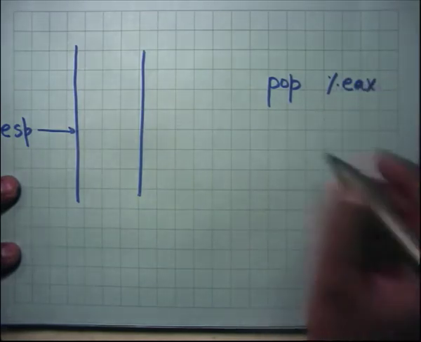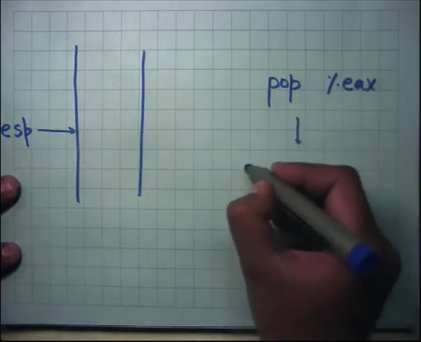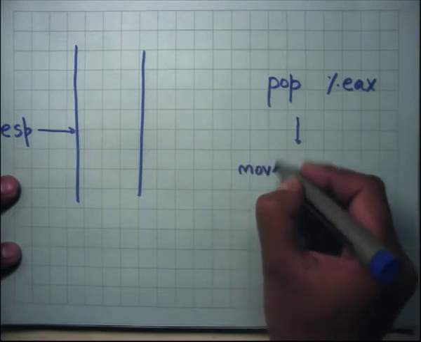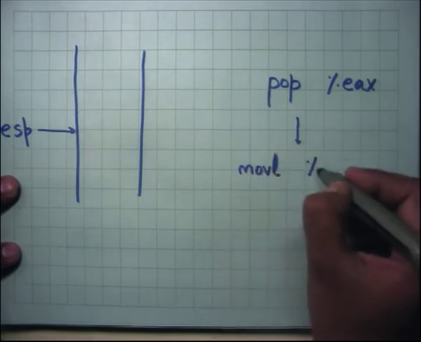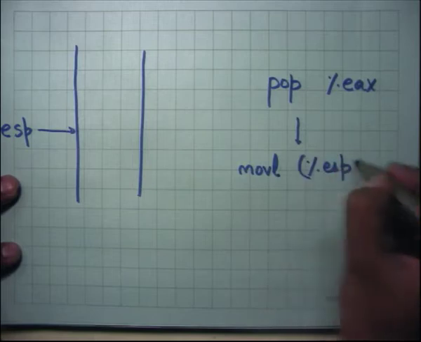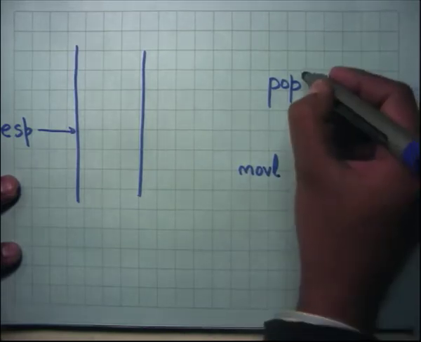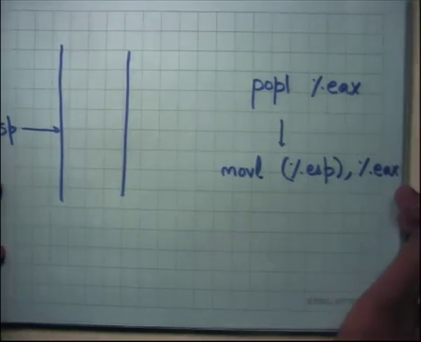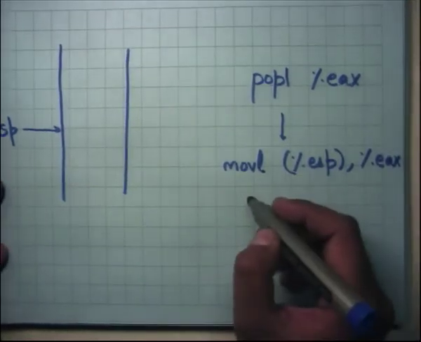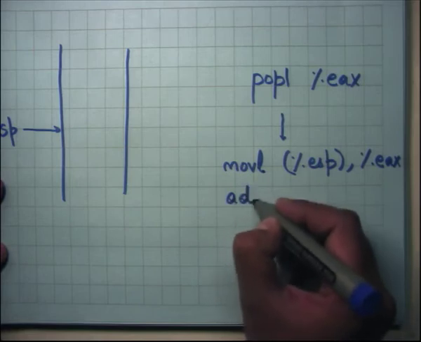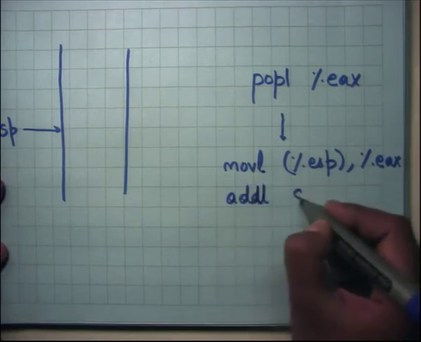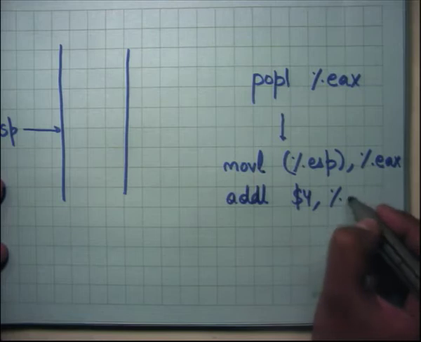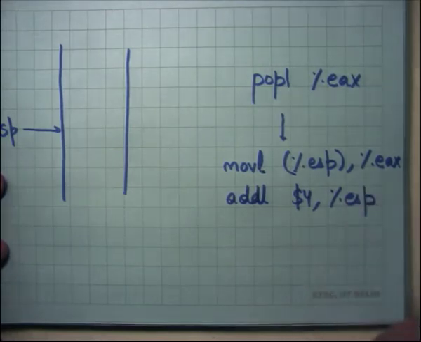It's going to move the contents at ESP into EAX and add 4 to ESP.